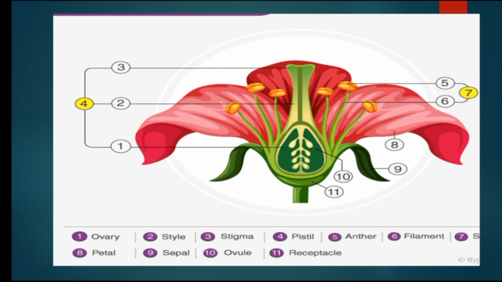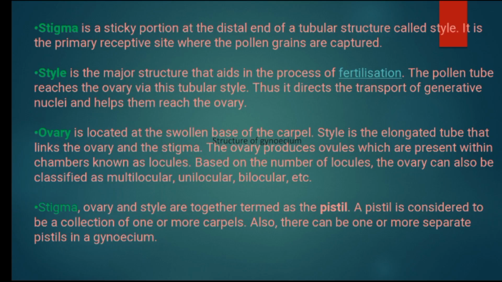Now the next point is about their functions, but before the function we will discuss some details about the parts of the gynoecium. In that, the stigma is the sticky portion at the distal end of the tubular structure, that is called style.